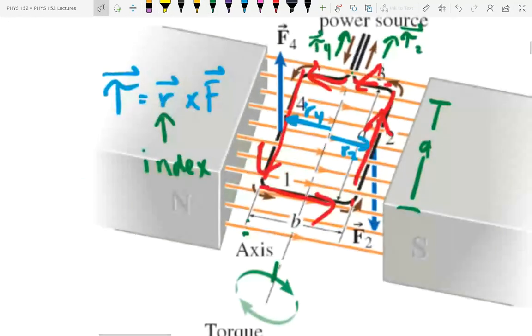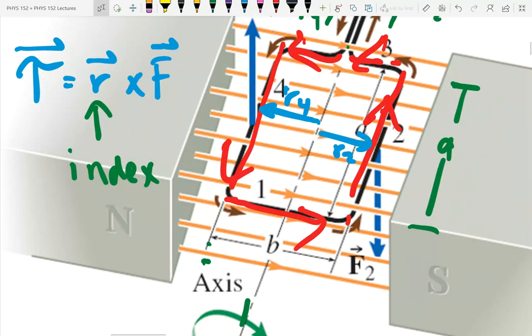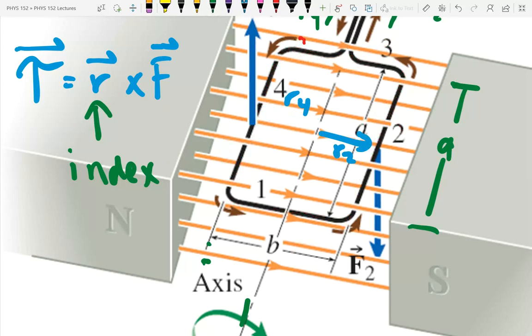The geometry that was shown here was that the area, what direction is the area pointing for this loop? I'm going to erase all of my stuff. What direction is the area pointing on this loop? It's a tough question because it's more conceptual. The area, what direction is the area for this tabletop?